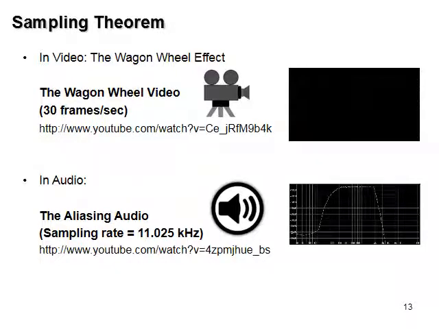Remember, the Nyquist theorem says that in order to sample a signal that has a highest frequency of FH, you need to sample it at greater than 2 FH. So your sampling rate should be above 2 FH in order to see the signal as you recorded it.